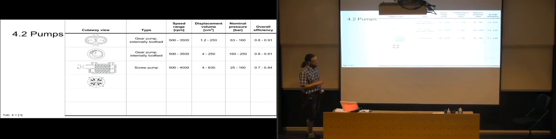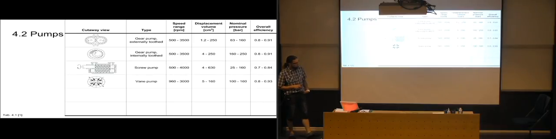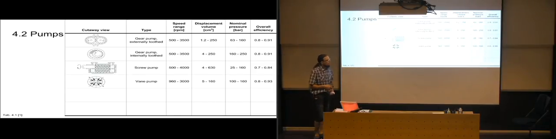Then we have the vane pumps. They have, in general, a higher speed that they need. They need a higher rotational speed. They can handle less top speed than the previous pumps, but they have to have a higher minimum speed in order to work properly.